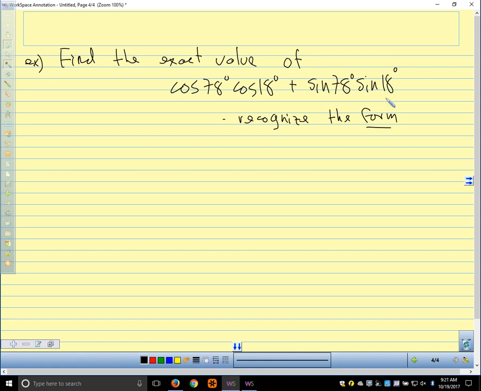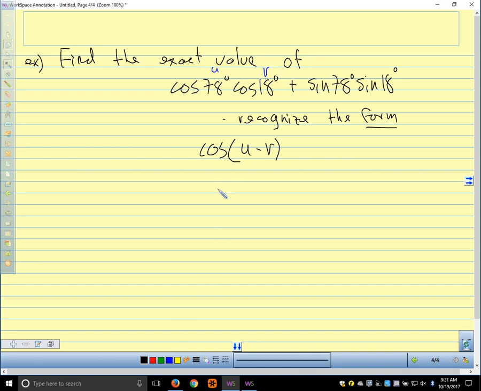So which formula does this look like? Cosine of u minus v, right? Because we have the plus sign there, we have the cosines together, the sines together. So in our formula, this is u, and that's v.